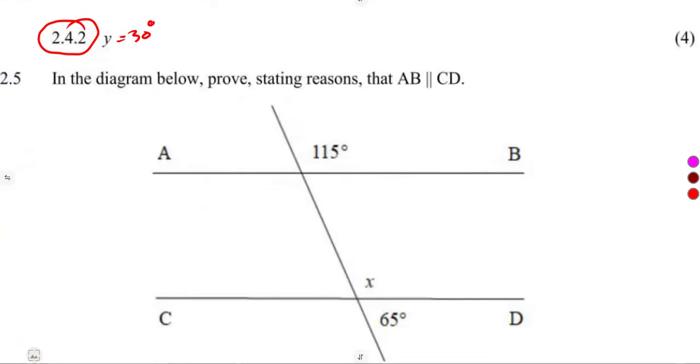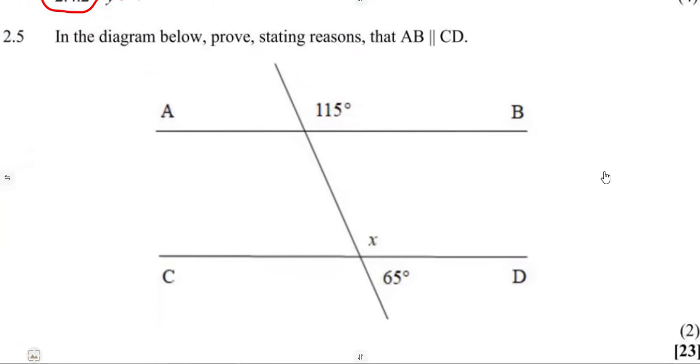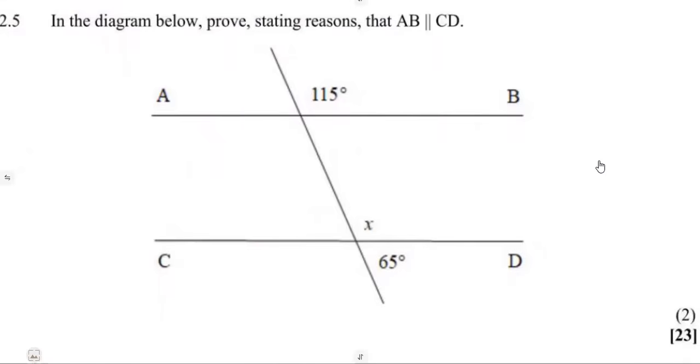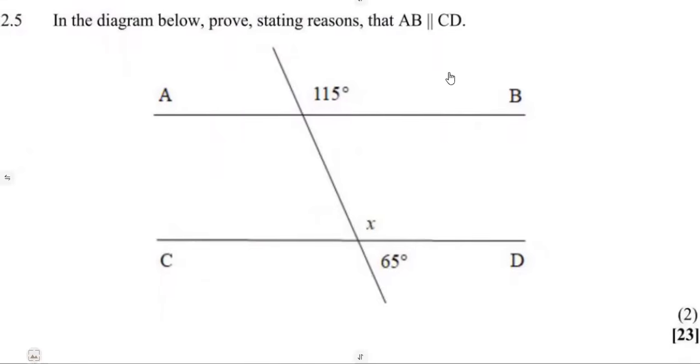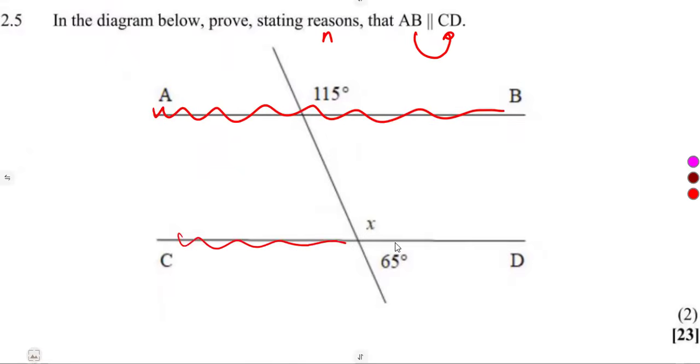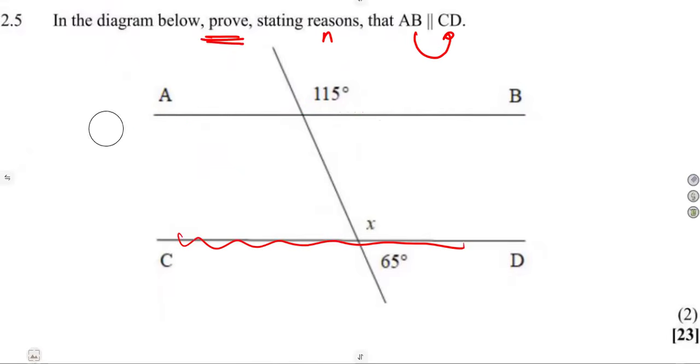Just like that. On 2.5, we are given this diagram. In the diagram below, prove, stating reasons, that AB is parallel to CD. AB is parallel to CD, but they said prove. You are not told that they are parallel, guys. No, no. When we are told that these lines are parallel, we just say, okay.